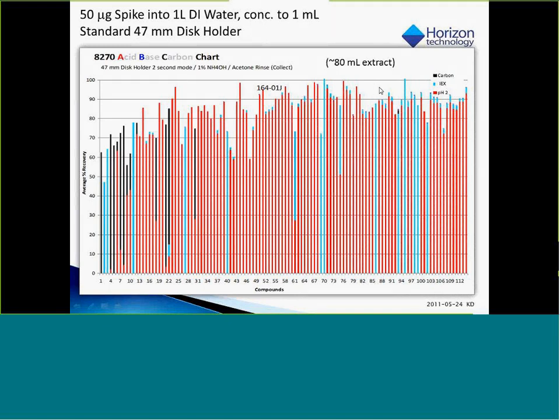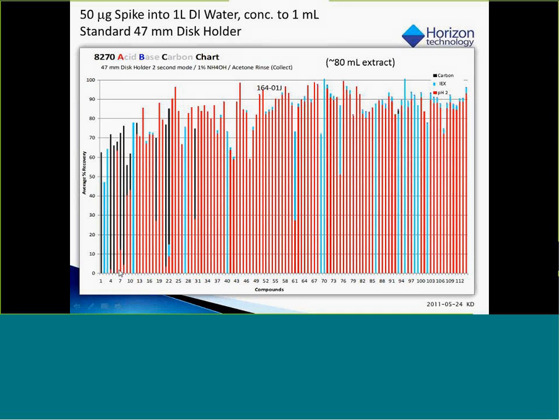Why do we do that? Well, we've got a challenging suite of analytes. They have a lot of different properties. So we want to make sure that we cover all of the properties of the analytes with the solid phase extraction that we're doing. And in this chart, which is done for 8270 analytes, again, a full suite of more than 115 analytes, you can see the different colors.